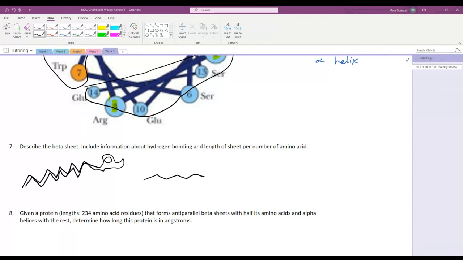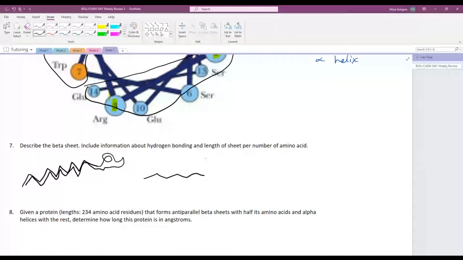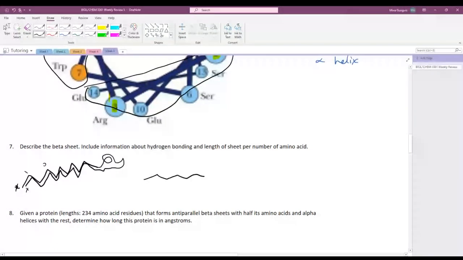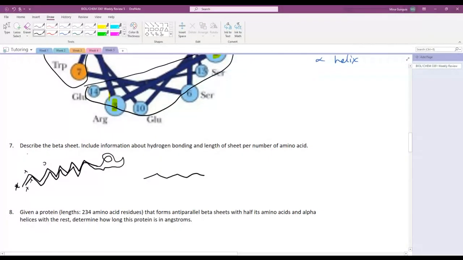Because of these beta sheets being the way that they are, the bonding doesn't matter so much within a sheet. It doesn't matter that this thing is polar and then this thing is non-polar or anything like that. It matters that this is polar and this is polar, this is nonpolar, this is nonpolar. What matters to us is, does the amino acid on sheet 1 line up to the amino acid on sheet 2?